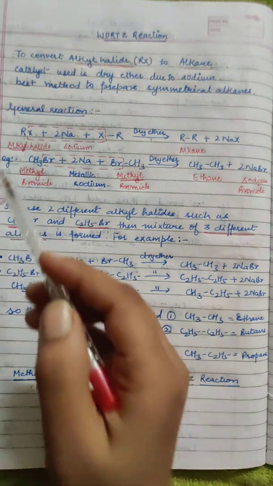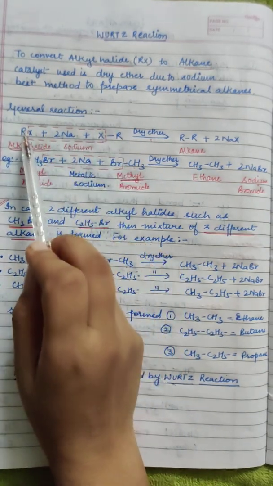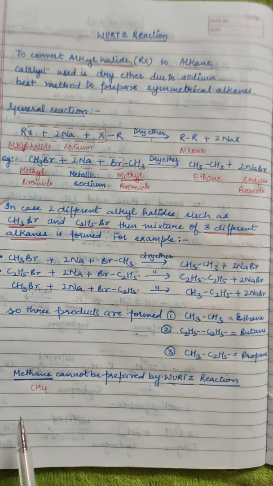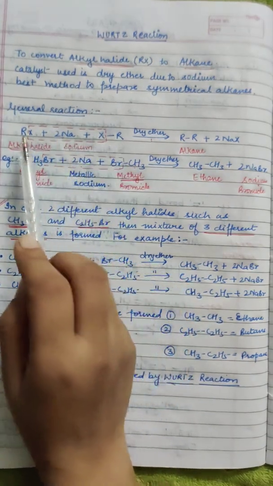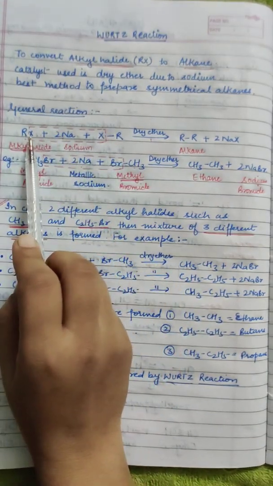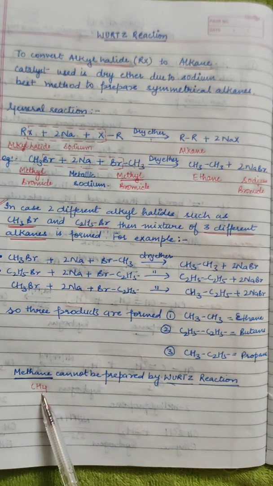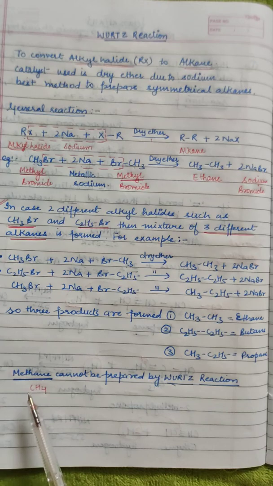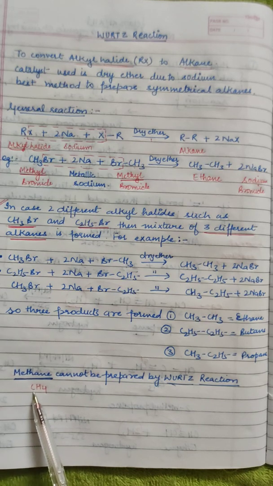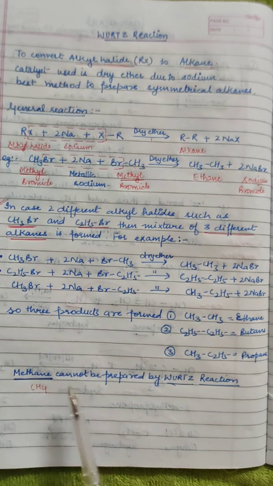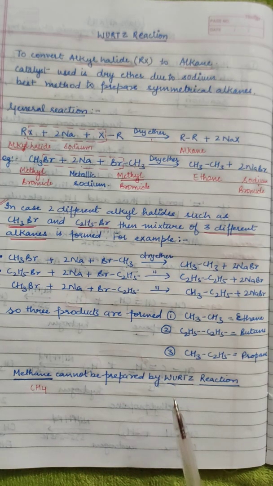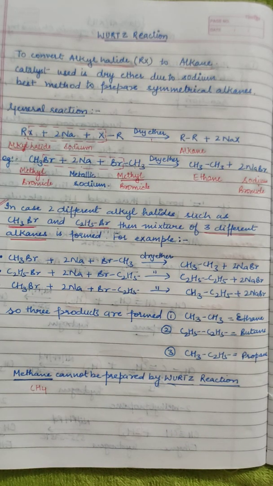You can see over here, since two alkyl halides, 2 moles of alkyl halide, are reacting with each other to form R-R. Over here we don't have R-R. We have only one R, that is one carbon. So methane cannot be prepared by Wurtz reaction. Ethane onwards, all the hydrocarbons can be prepared easily by Wurtz reaction.